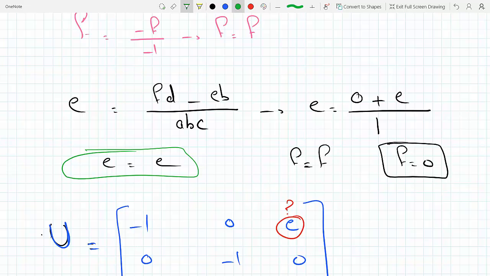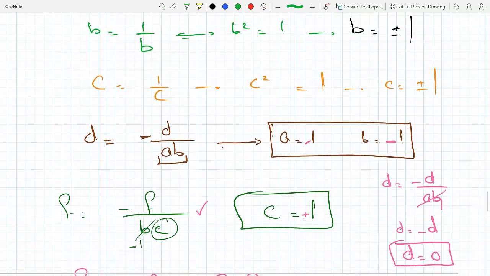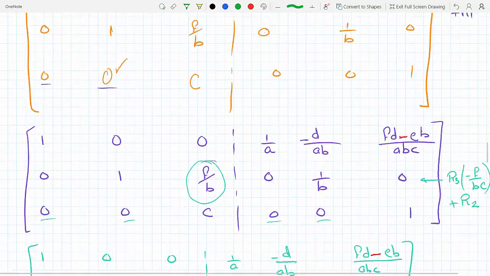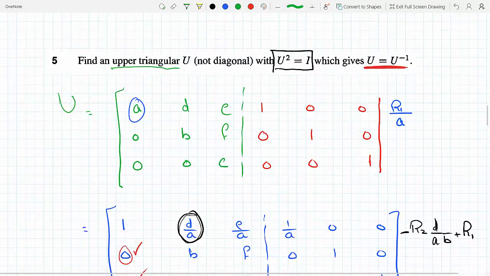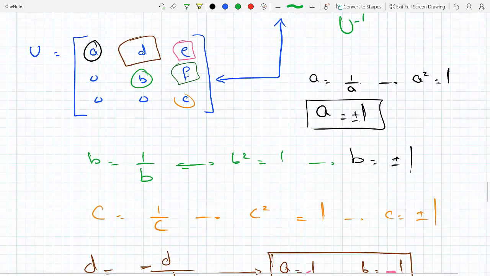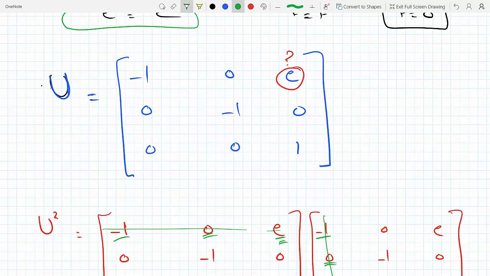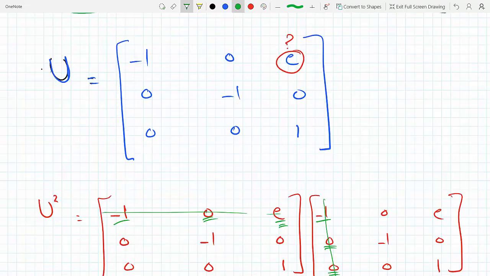There's some freedom here, and regardless of what E is, when I multiply the matrices, I would still get an identity matrix. So both my constraints are satisfied with an arbitrary choice on E, which you could have made on F, by the way. So E could be anything, and with that said, we had found an upper triangular matrix, with E to be chosen.